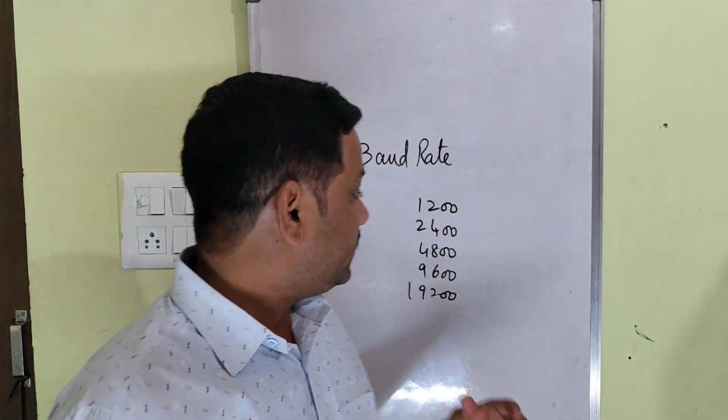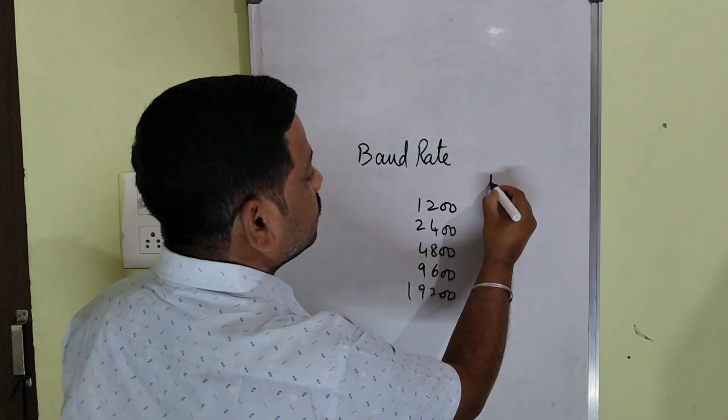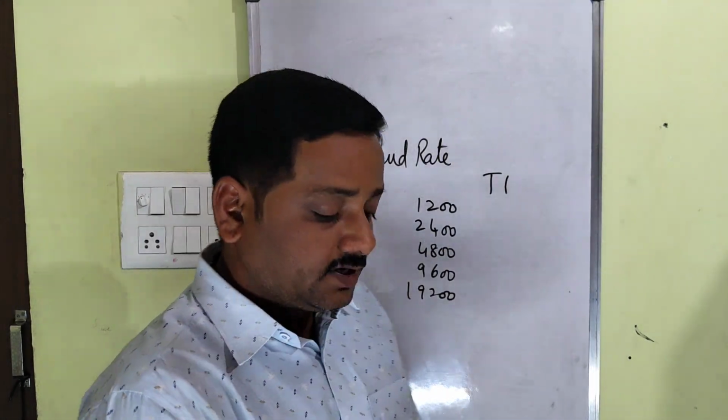Now we have to understand how these baud rates have to be defined. I'll make it very simple, let us not make it complicated. How to select the baud rate is very simple. We are going to make use of timer 1. As you already know, there are two timers, timer 0 and timer 1.